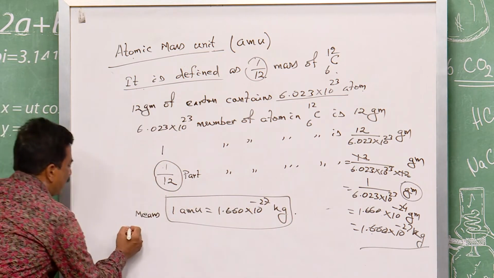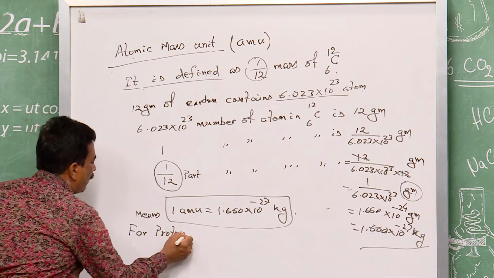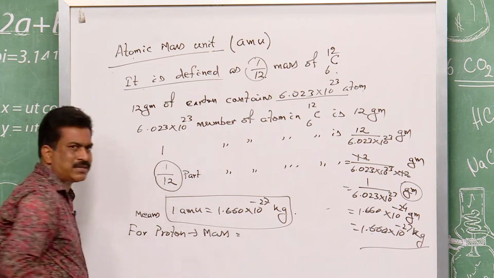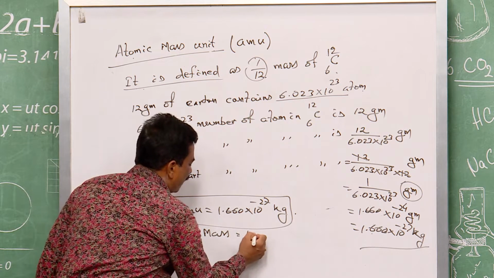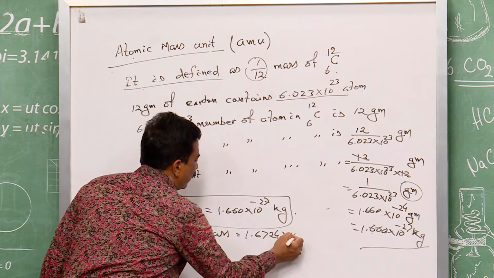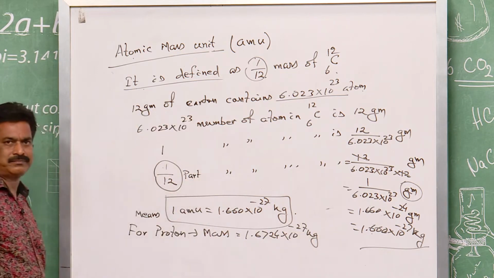But as you know, for a proton the mass is how much? I said in the last class, that is 1.6724 into 10 to the power of minus 27 kg.